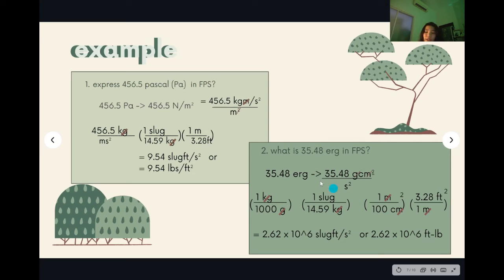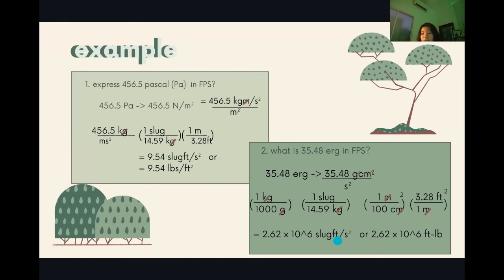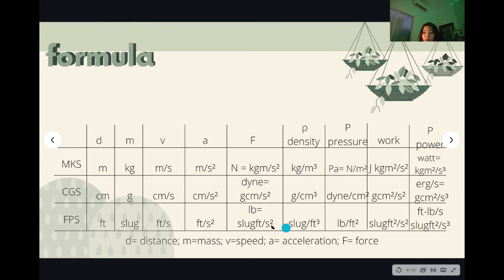For your information, we use foot pound because slug times feet squared over s squared is foot pound, or foot pounds. And we use slug foot over s squared because of this here.